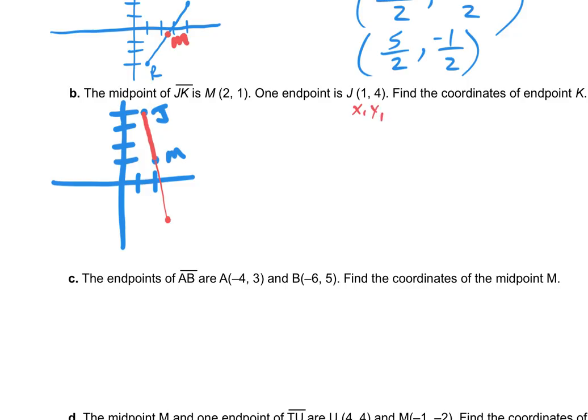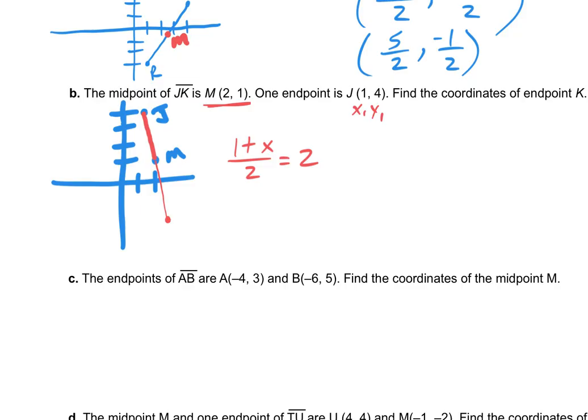I'm going to call J (x1, y1). And so here's what it's going to look like. 1 plus something divided by 2 equals the midpoint. This here is my midpoint, 2, 1. So we're going to add up the 2 endpoints divided by 2 equals the midpoint. That's one of my equations.